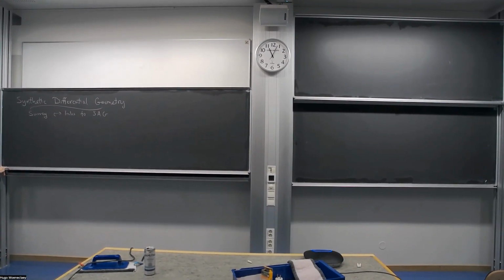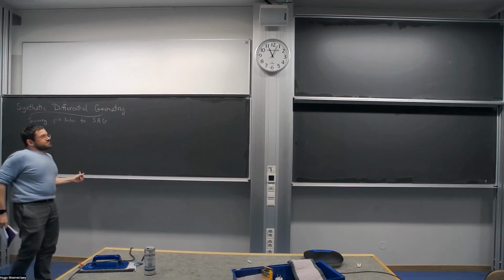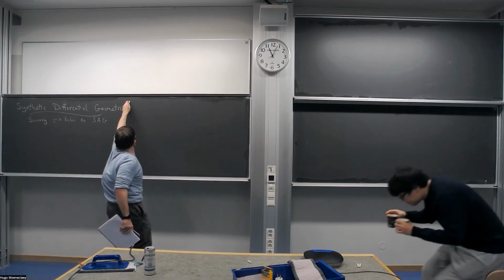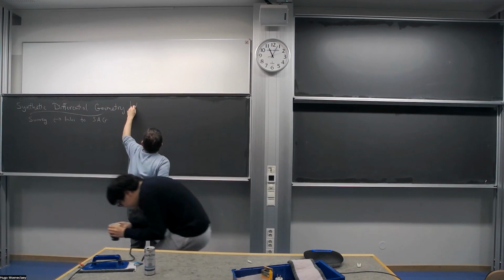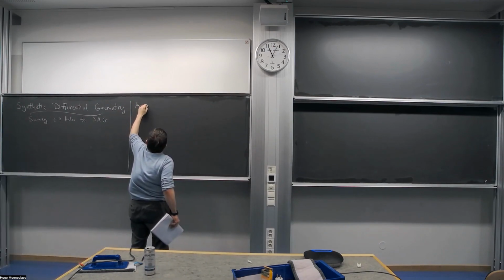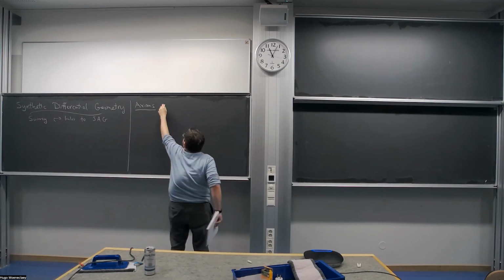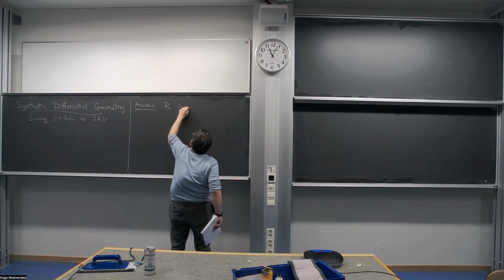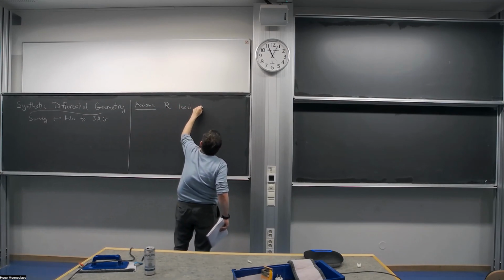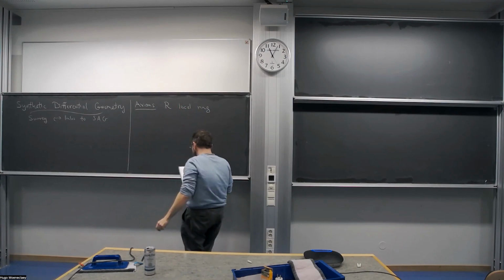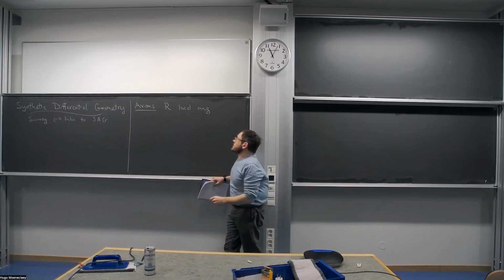So we can start by listing some axioms. You start with a local ring, call it R. So far, so similar.